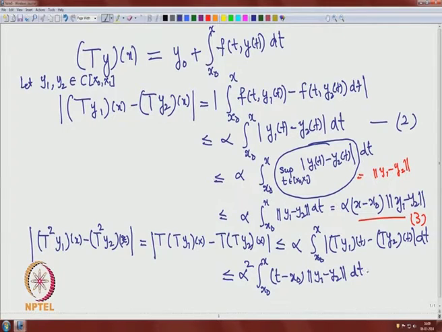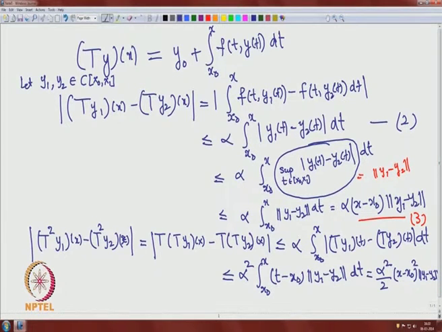This I can integrate to get alpha square by integral of t minus x0 with respect to t, which is t minus x0 square by 2. So, alpha square by 2, evaluating from x0 to x. At x0, t minus x0 is 0. So, therefore, this is x minus x0 square into norm of y1 minus y2.